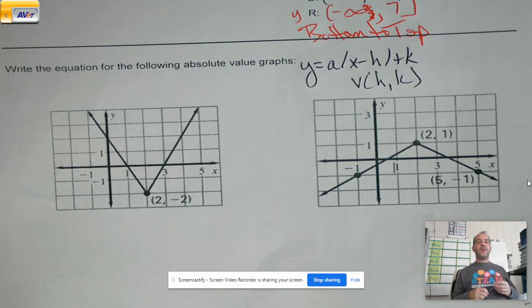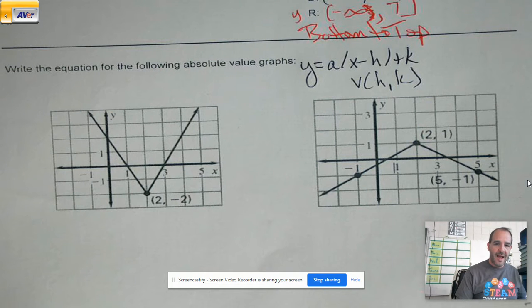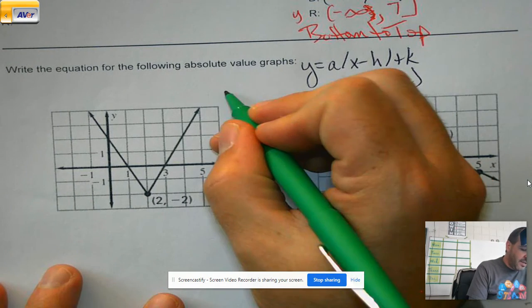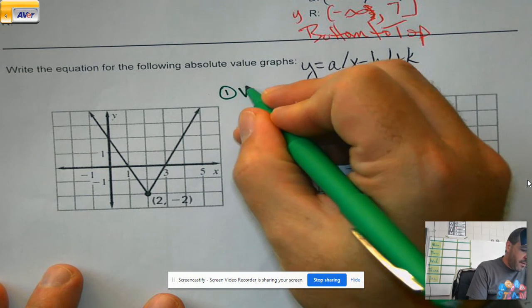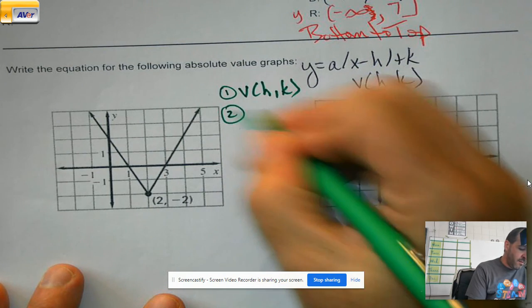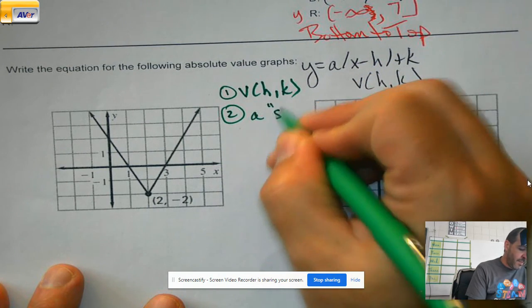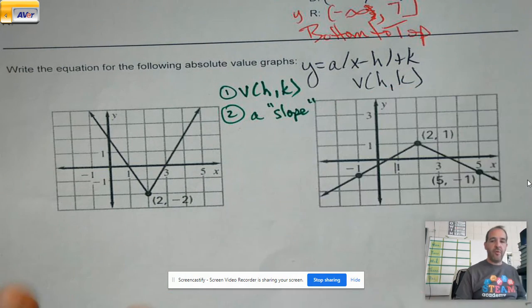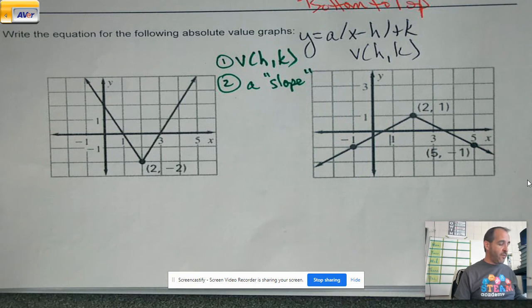For me to figure out what this graph is, I need 2 bits of information. For me to do the equation from the graph, I need to know the vertex and the slope. And I can get both of those things from the graph. So I always tell people, write those 2 bits of information down first, then let's plug them in.